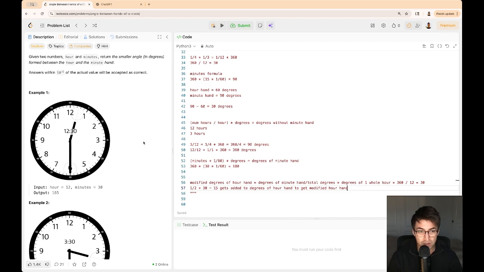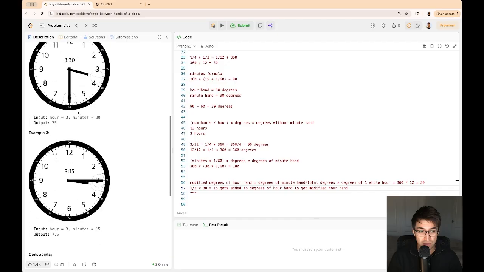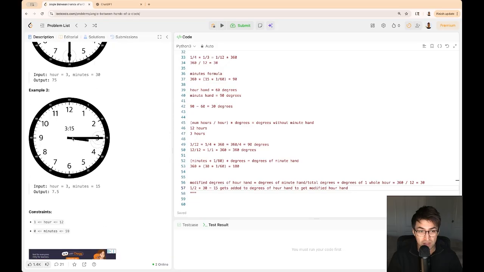Which would be 12 divided by 12, or 360 divided by 360 is 1. 1 plus 15, 15 degrees. And then that works here too.